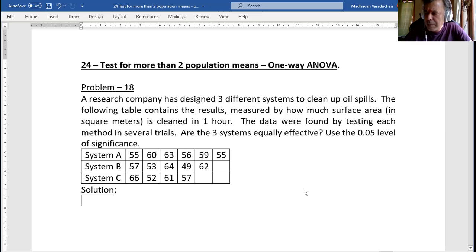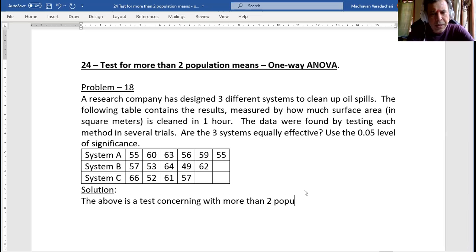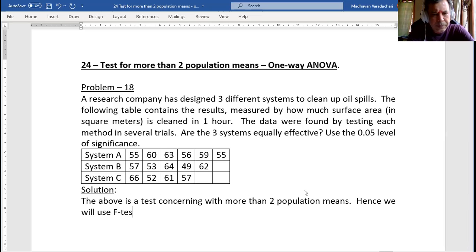So let me first write down the above. The above is a test concerning more than two population means. Hence, we will use the F test.